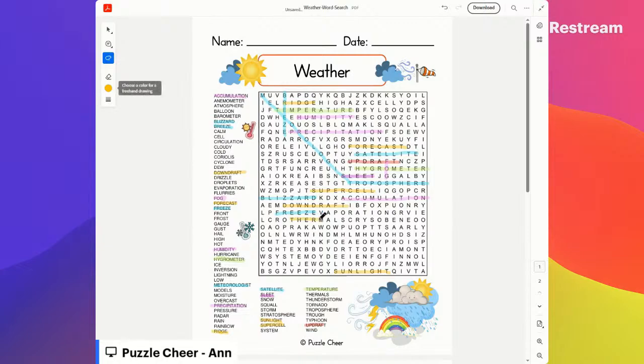Right below freeze, T-H-E-R-M-A-L-S, thermals. And evaporation shares the E with freeze. E-V-A-P-O-R-A-T-I-O-N, evaporation, that's horizontal.